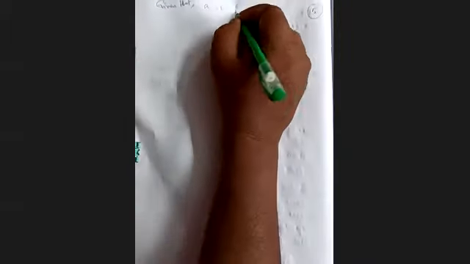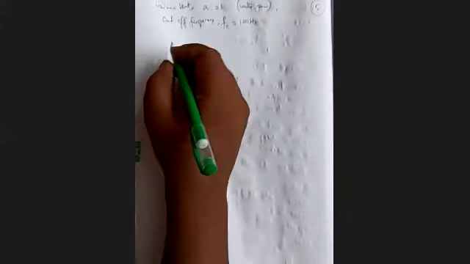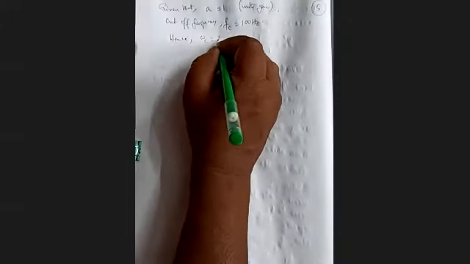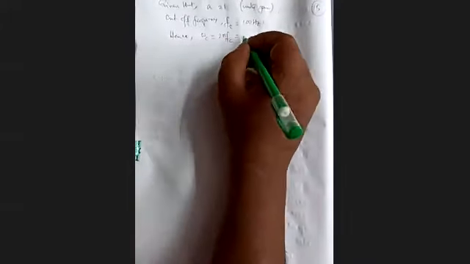Okay. So given that A equal to 1, that is unity gain, given cutoff frequency FC equal to 100 hertz. Hence, our omega C equal to 2 pi FC or 200 pi radian per second.